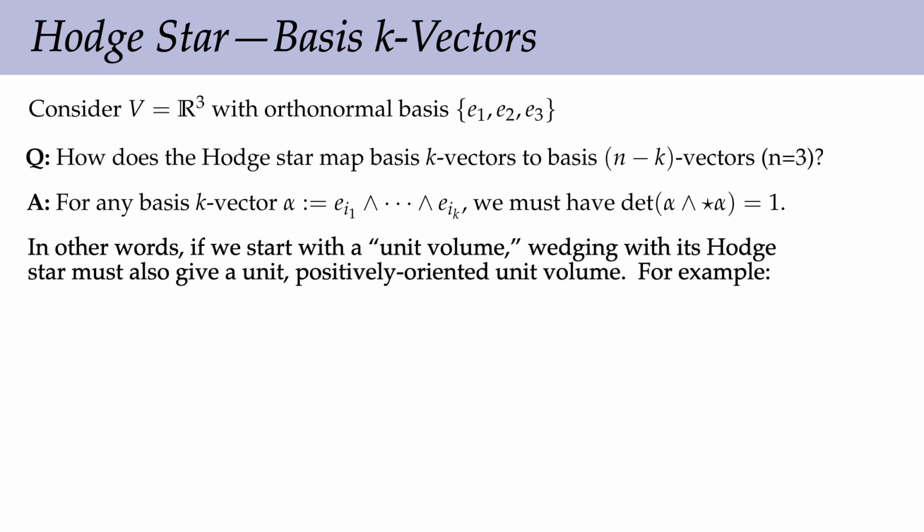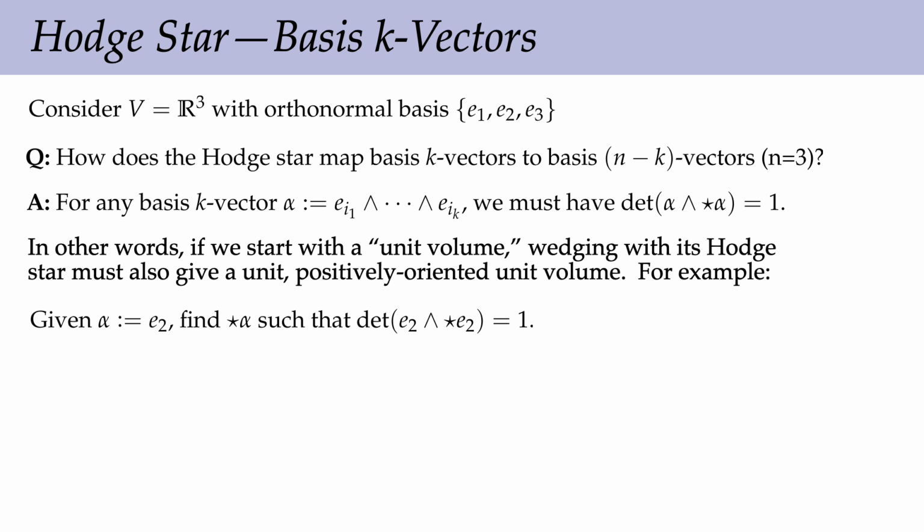Intuitively, if we start with a sort of unit k-dimensional volume, then wedging together this volume with its Hodge star must also give a unit positively oriented volume. So to make this concrete, let's look at an example. Let's say we have alpha is equal to E2. We're still in R3. Please find star alpha such that the determinant of E2 wedge star E2 is equal to 1.